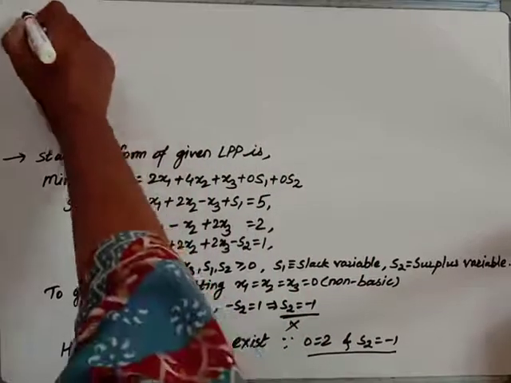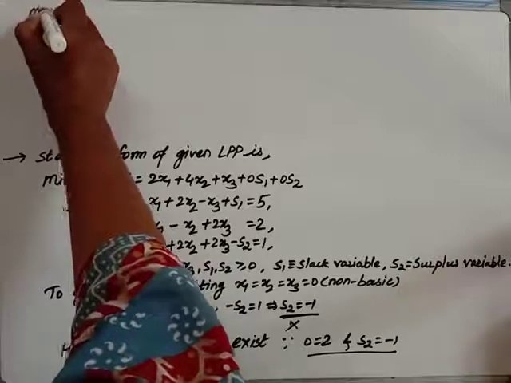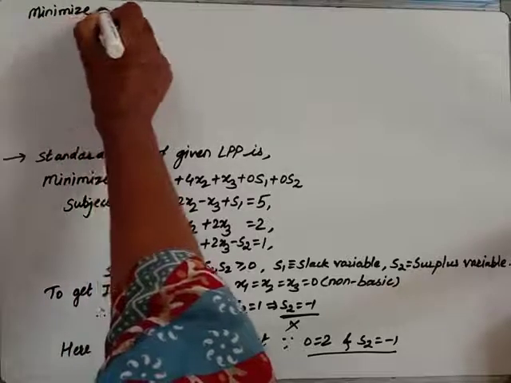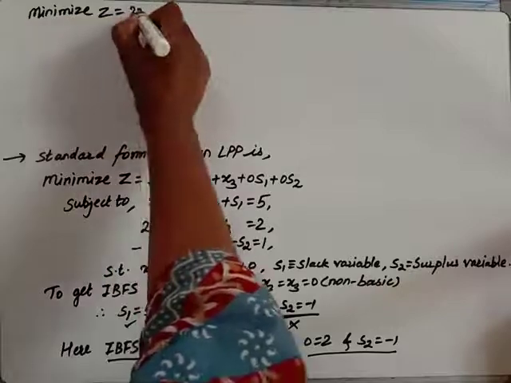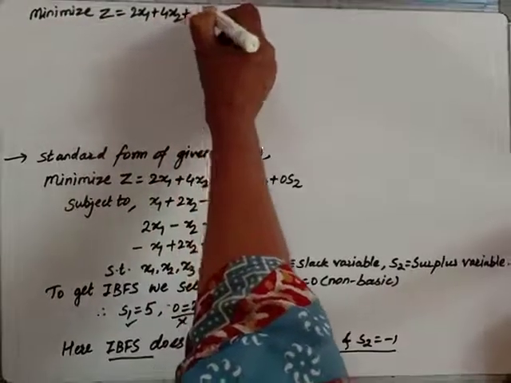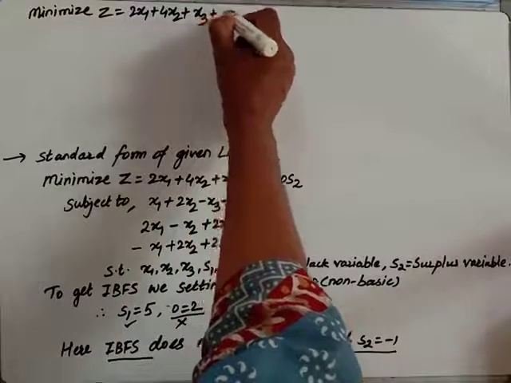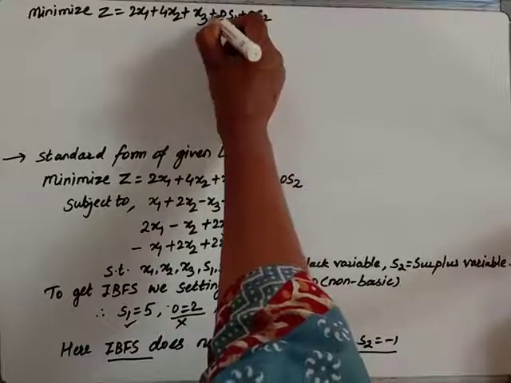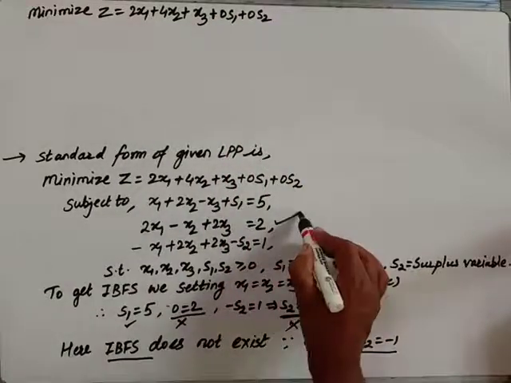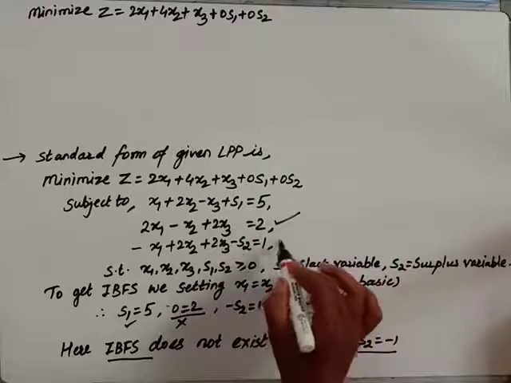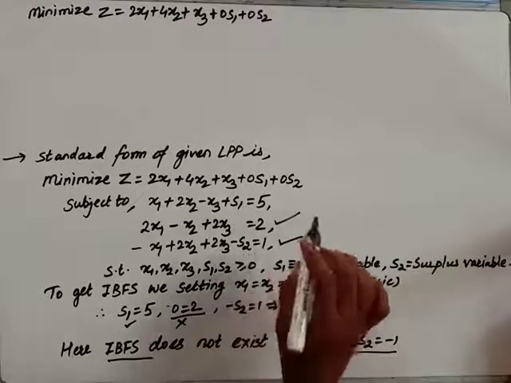So the standard form will become: minimize z equal to 2x1 plus 4x2 plus x3 plus 0s1 plus 0s2 as it is. Now here we need one artificial variable, let it be a1, and here also we need one artificial variable, let it be a2.